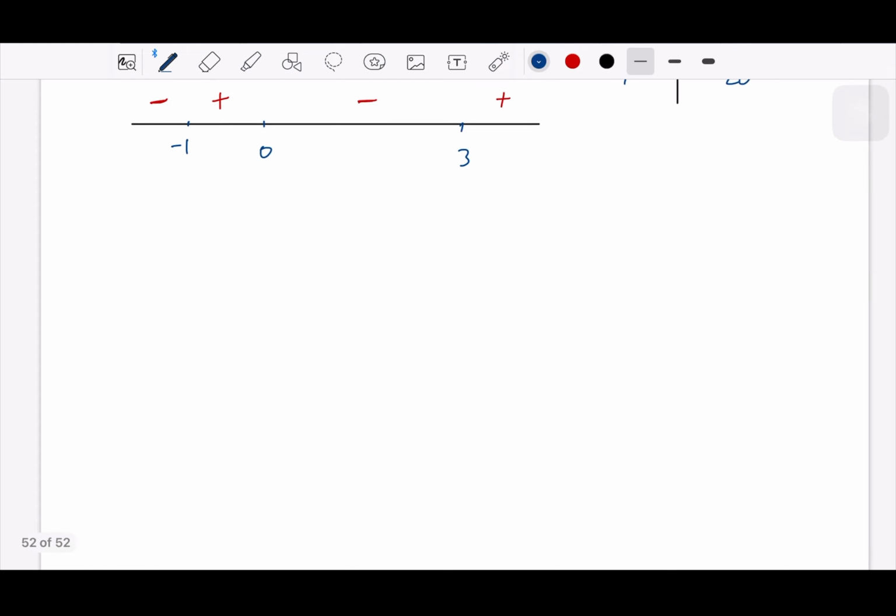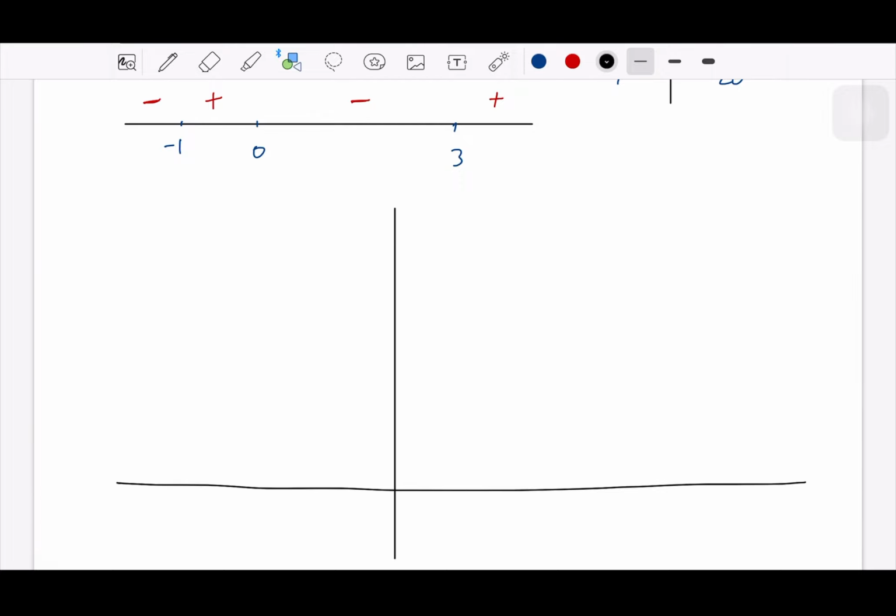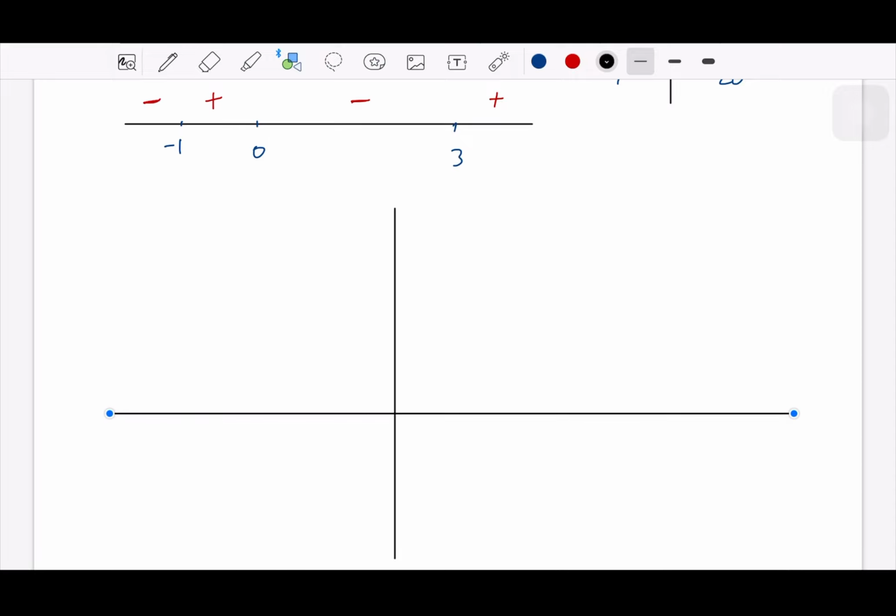So again, we need to draw the graph. We write all the necessary zeros, and we start from the negative region, from the left.